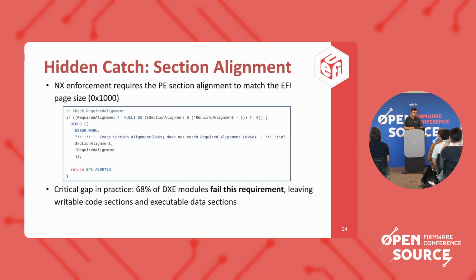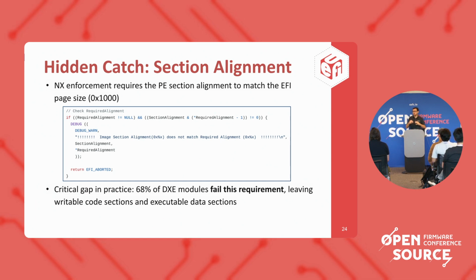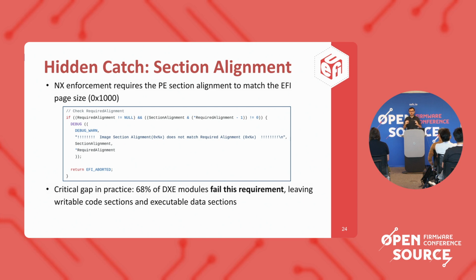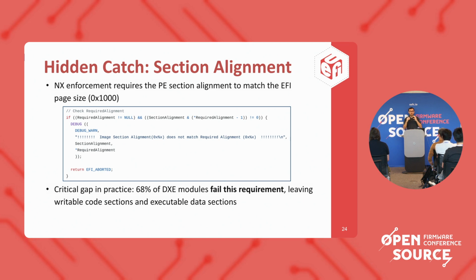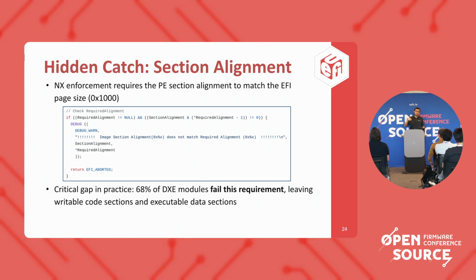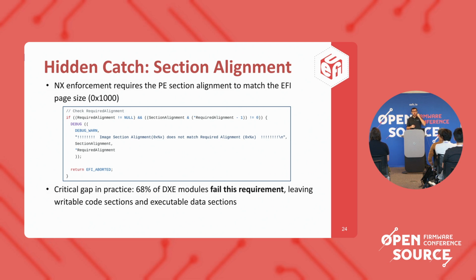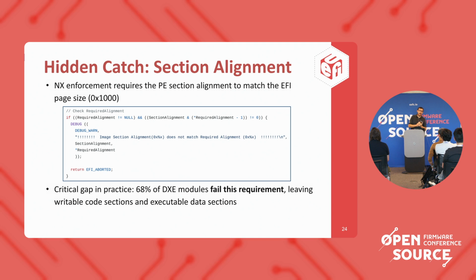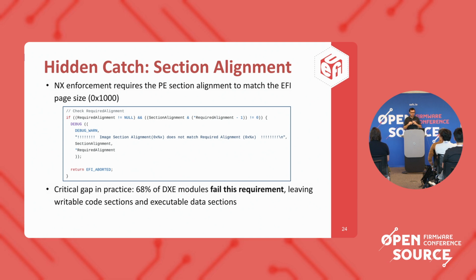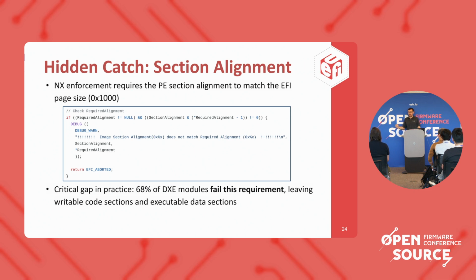Another thing, and this is the last thing that I want to share about the mitigation research, is that mitigations are sometimes difficult to understand, and they must be applied carefully. For example, if you go and look at the reference implementation where NX is actually implemented, you will see this if condition. What this if condition basically implements is that the section alignment specified in the PE header must match the EFI page size.